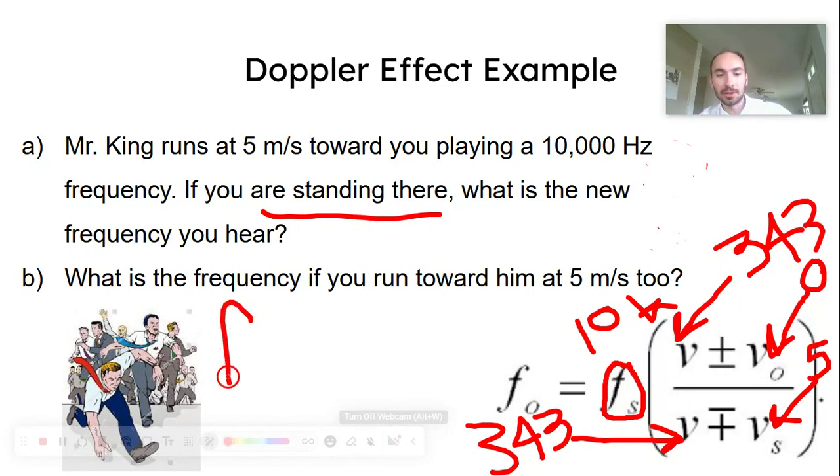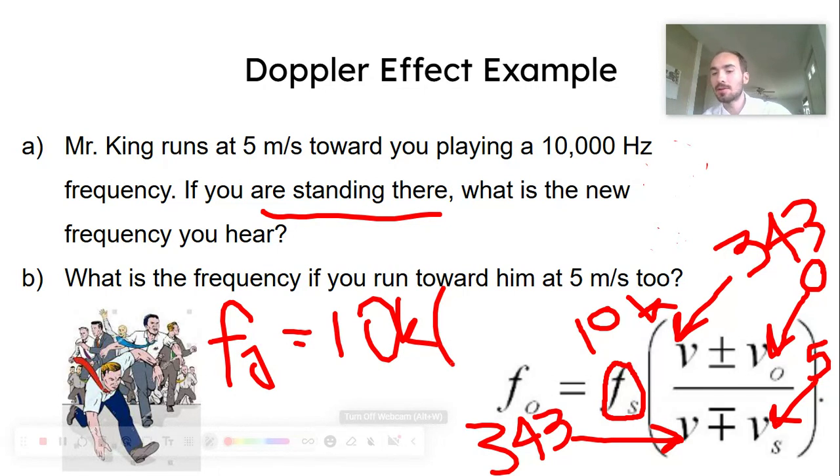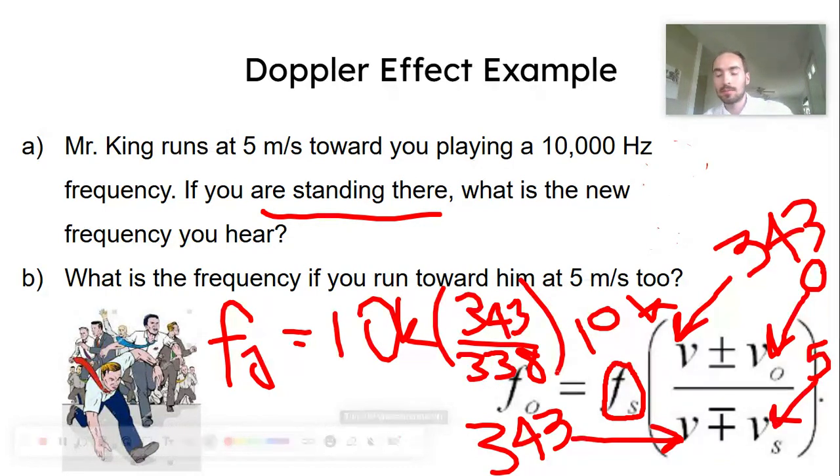So over here, the observed is going to be 10,000 or 10K times 343 plus 0, which is 343, divided by 343 minus 5, which is 338. Okay? If you put this in your calculator, you should get a frequency that is slightly higher than 10,000, which makes sense.